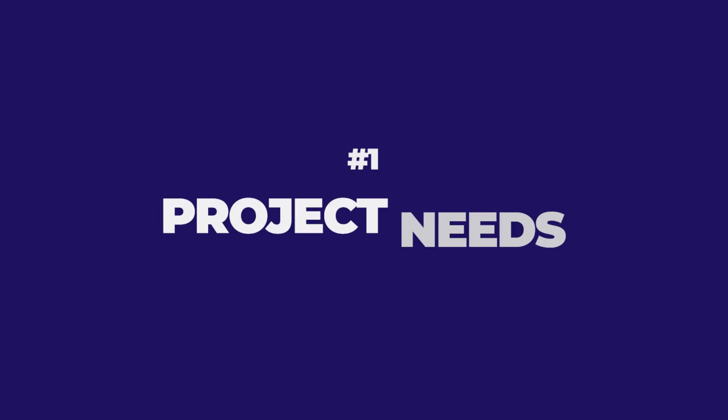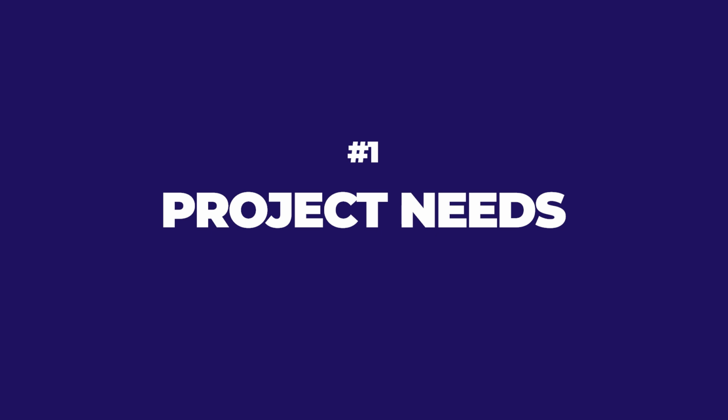Okay, let's get into a list. If you have your general approach figured out, this is typically how you hire a superintendent. Number one, project needs. This leans more into the experience realm, so I don't want to go there too much. If you're doing a civil project, you probably want somebody with some civil experience. If you're doing an industrial project, you probably want somebody with some industrial experience, or a hospital, or whatever the case may be.